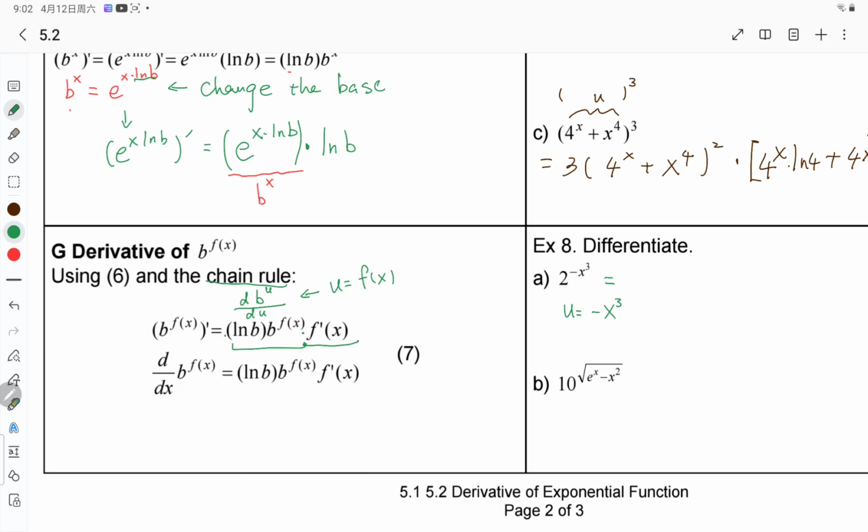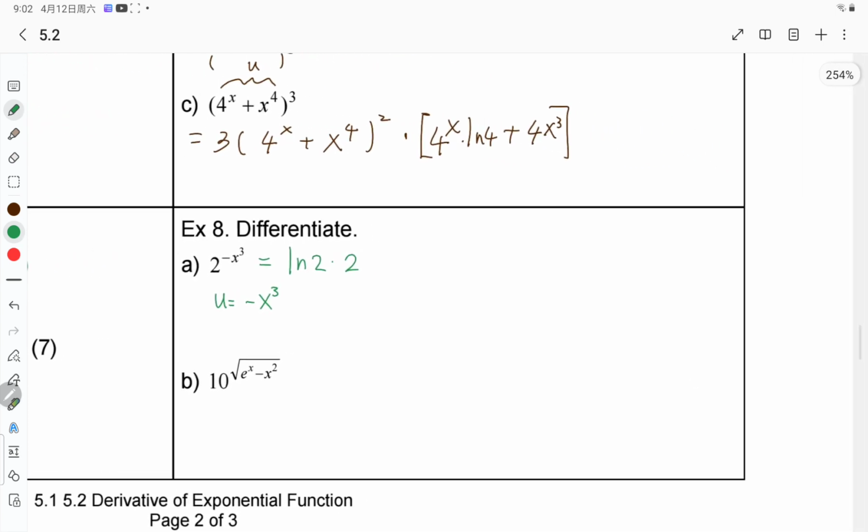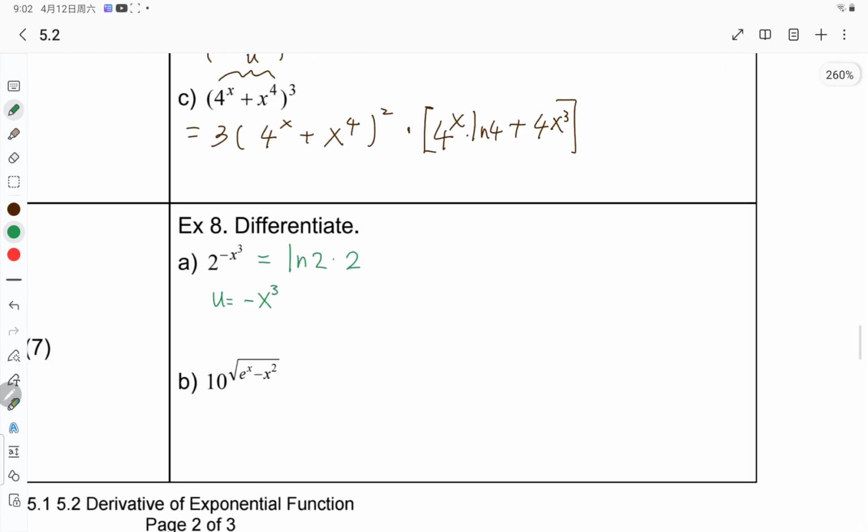So definitely take a minute to write it down yourself. Try not to look at the left, okay? So the first layer is 2 to the u, right? Even if you're fast, the way to think about it is still step by step, right?